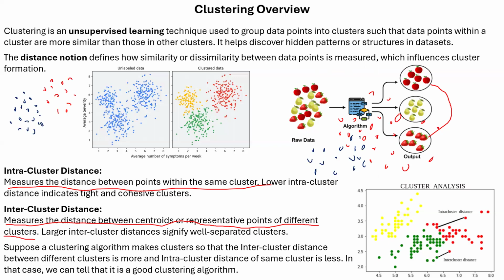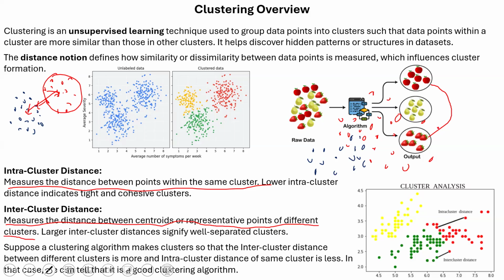Okay, now if you look at this, the intra-cluster distance is very less between the points. They are very tightly packed. Okay, and now inter-cluster distance is high between the points. Let's suppose the representative of these clusters is the centroid of these points.